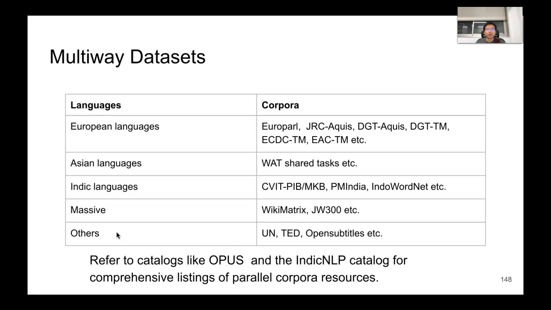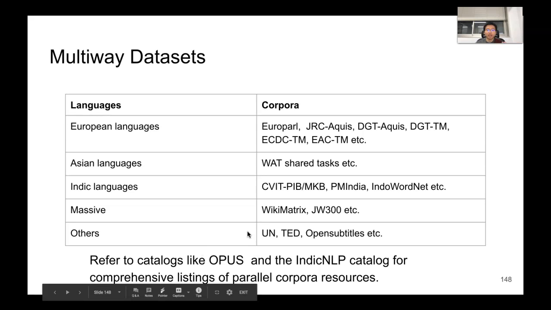We also have others, like the United Nations corpora, the TED corpora, or the Opus subtitles, etc. And you can refer to the Open Source Corpus project, or the Indic NLP catalog, for more comprehensive lists of parallel corpora resources for Multiway datasets.